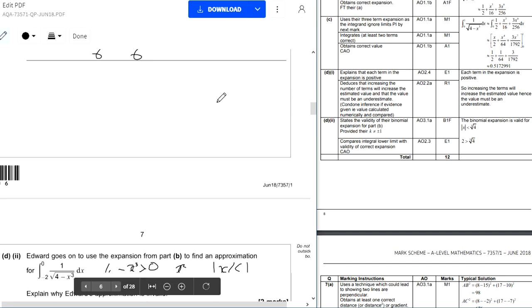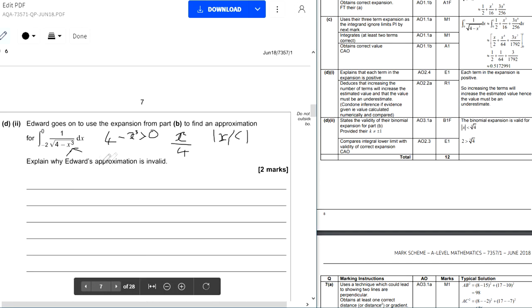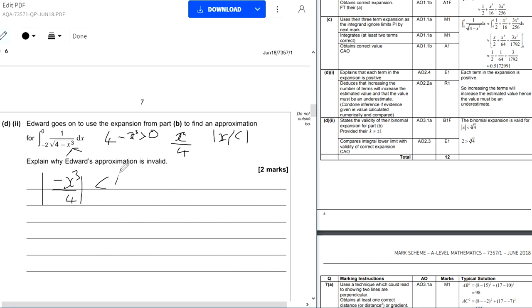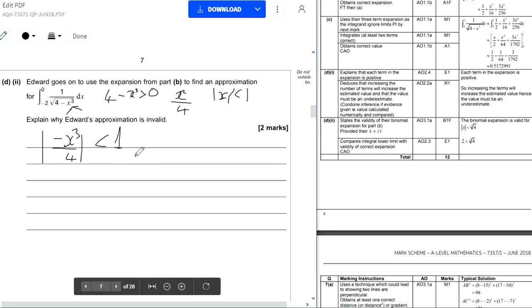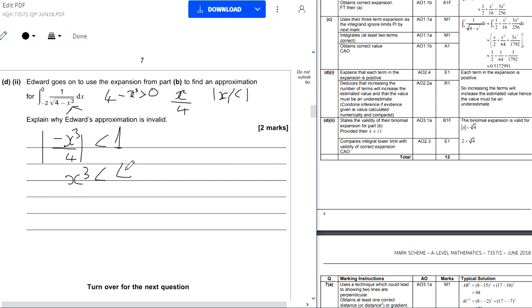So really, what we're looking for is the condition that the modulus of minus x cubed over 4 is less than 1. Now, I'm going to times it by 4, so x cubed is less than 4.